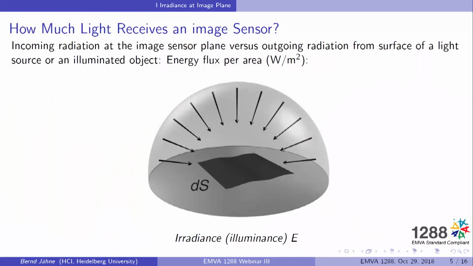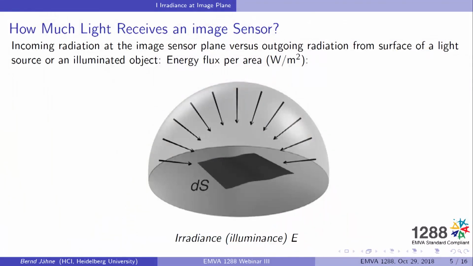So now we know basically how to describe the brightness of an object, and now we have to do the second step: how much light is actually received by an image sensor. Well, here the situation is a little bit different. Here we are not interested in which direction the light is entering our pixel, but we just want to collect all the light which is entering.